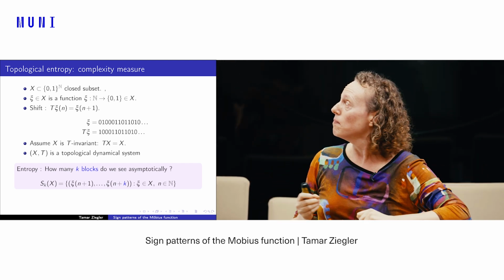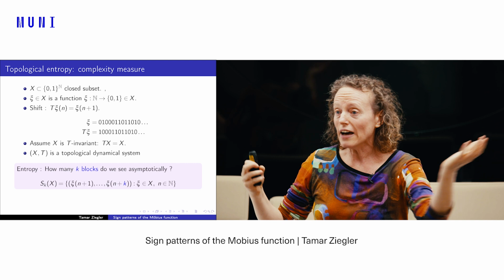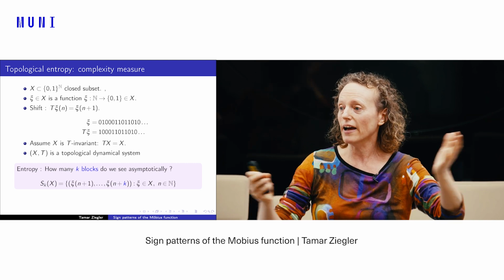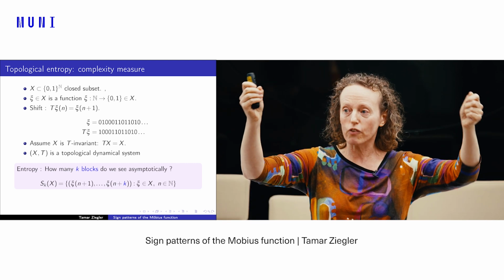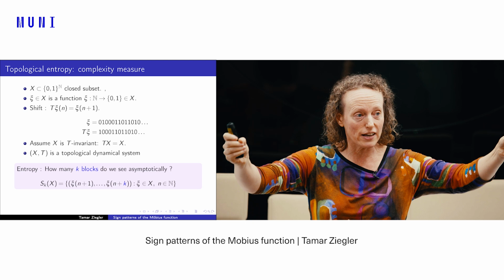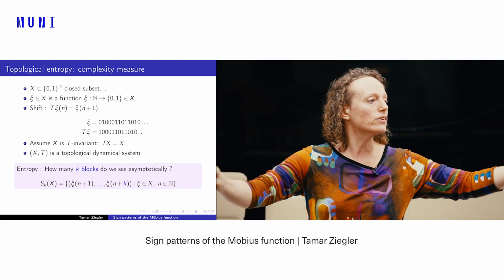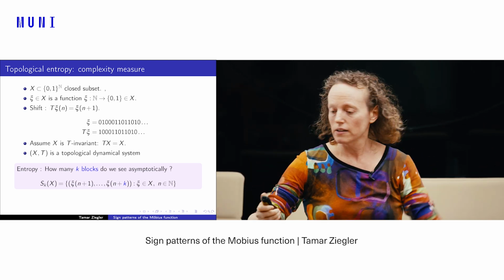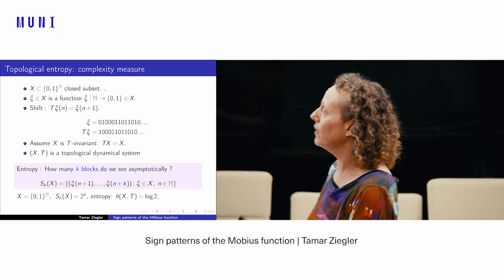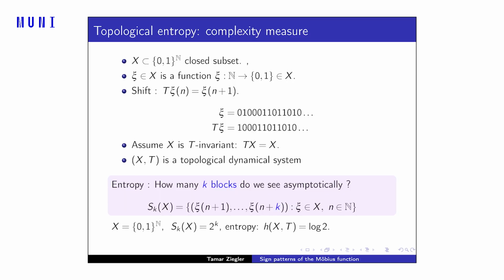Okay? Do that for all the points in the system. For each k, you take a window of size k, and you measure how many different patterns you see. Okay? And you measure the growth of this in k. You measure the logarithmic growth of this in k.